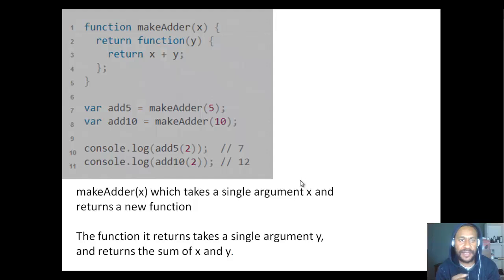A clearer explanation: makeOther(x) takes a single argument x and returns a new function. The function it returns takes a single argument y and returns the sum of x and y. Therefore, when you call add5, we have access to the environment of the function makeOther.